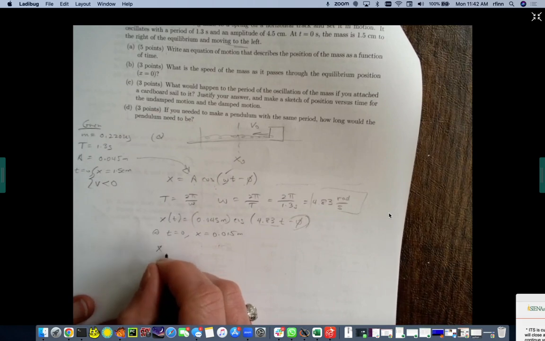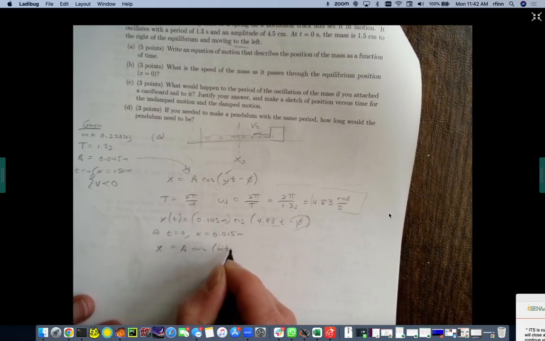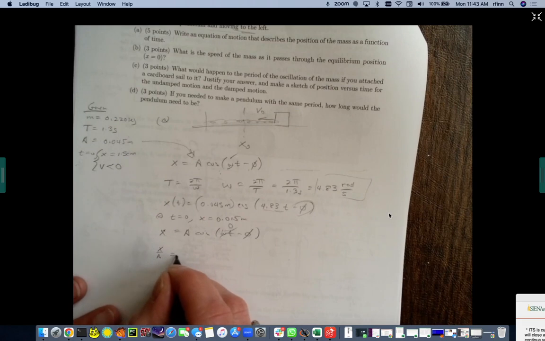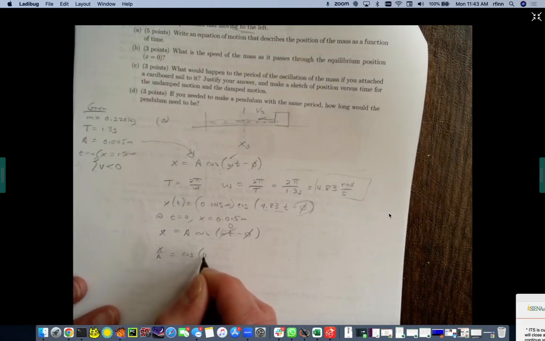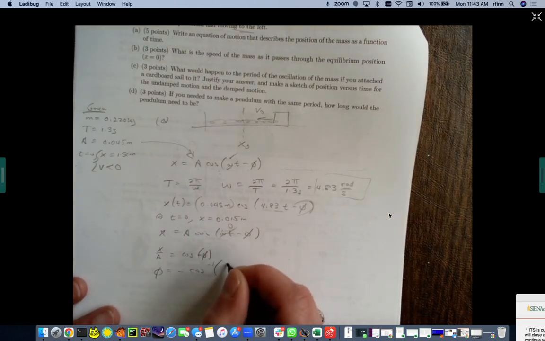If we have x at t equals 0 equals A cos omega t minus phi, and we're doing t equals 0, so that term goes away. So we have x over A equals cosine of minus phi. And then phi equals negative inverse cos of x0 over A.